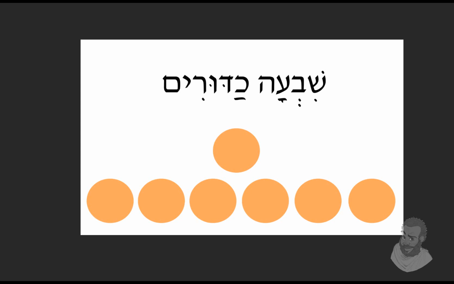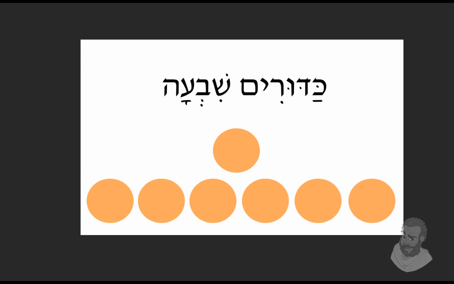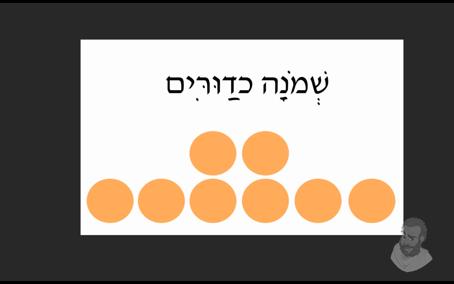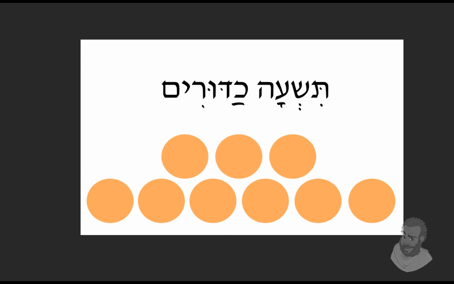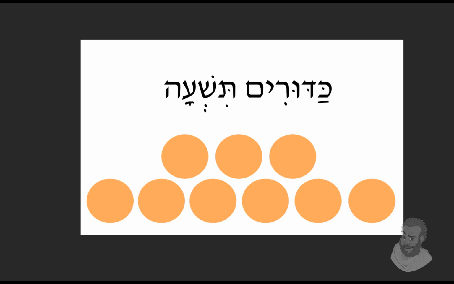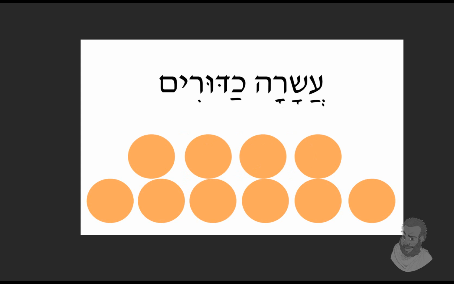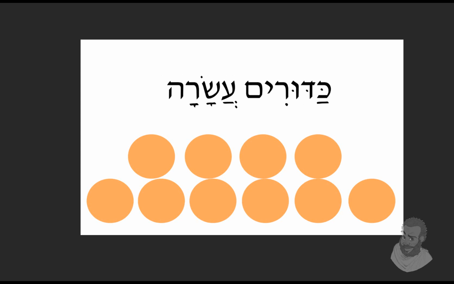Shiv'a chadurim becomes kadurim shiv'a. Shmona chadurim becomes kadurim shmona. Tish'a chadurim becomes kadurim tish'a. Asara chadurim becomes kadurim asara.